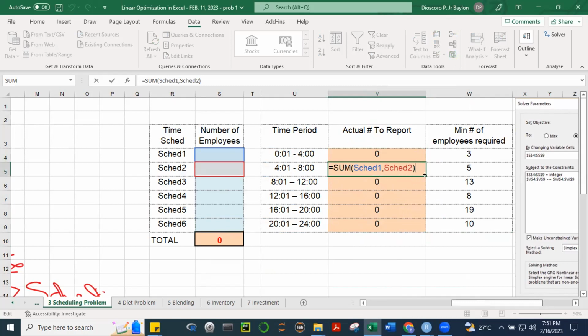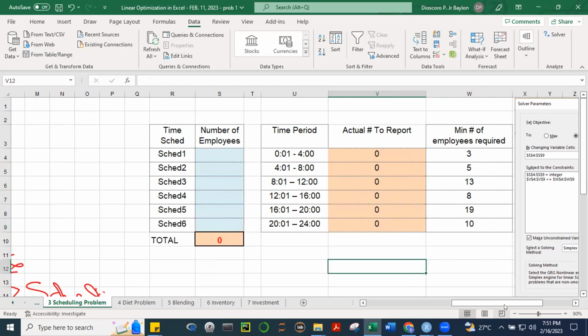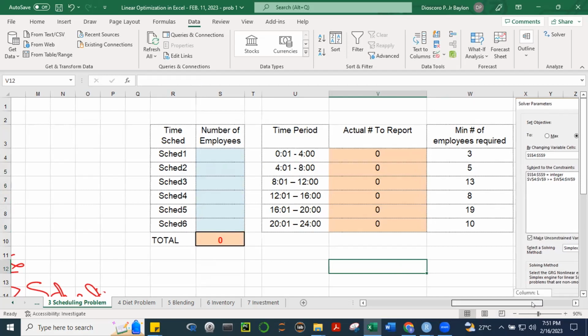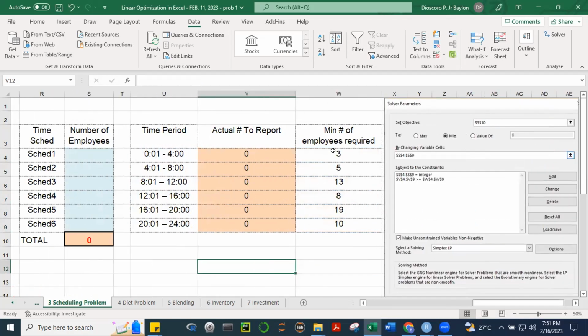Or I can copy this down and then just change the schedules to save on time. But these are now based on like this: Schedule 2, Schedule 3, the sum of them. This is Schedule 3 and 4. This is Schedule 4 and 5. This is Schedule 5 and 6. Then we know the right-hand side is this one.